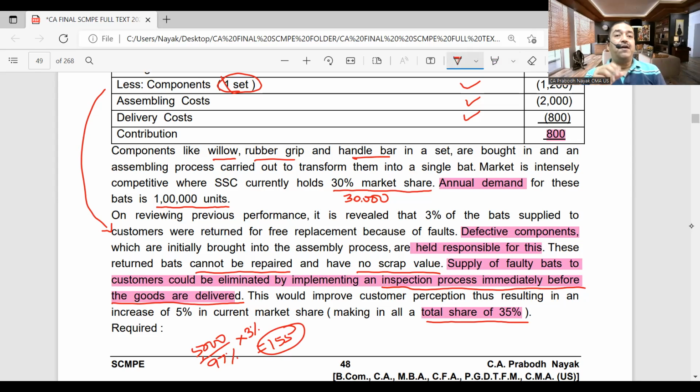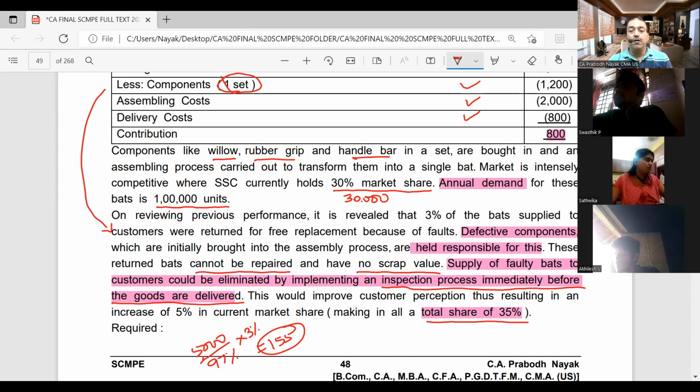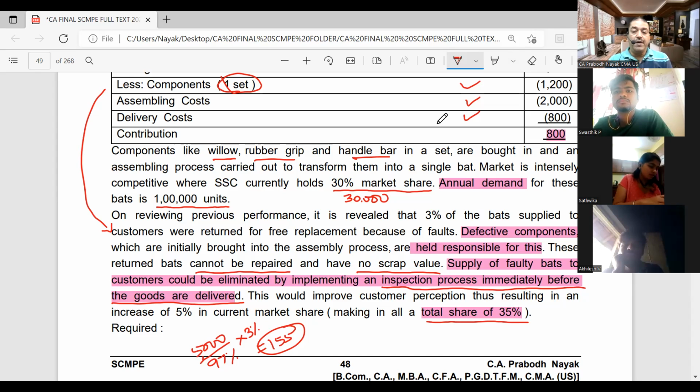The cost of 155 bags is going to be lost. Now, Satvika, I want you to tell me what is going to be the loss on those 155 bags which are defective. Can you tell me what is going to be the loss on the 155 bags which is going to be defective?